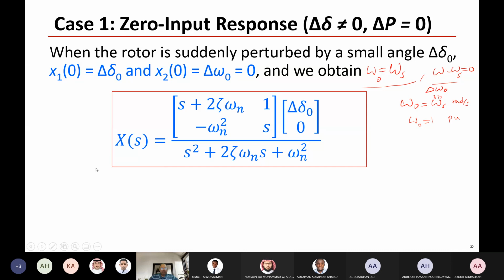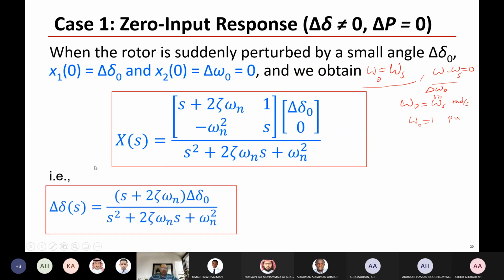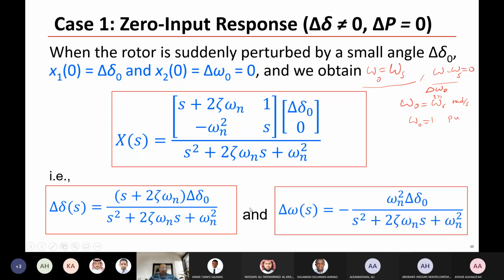So you can get delta of s, which is here, equal to this multiplied by delta 0 and 0 over this. So this is delta of s, and delta omega of s equal to minus omega n squared times this, and s times 0 over this. So this is the delta omega of s.